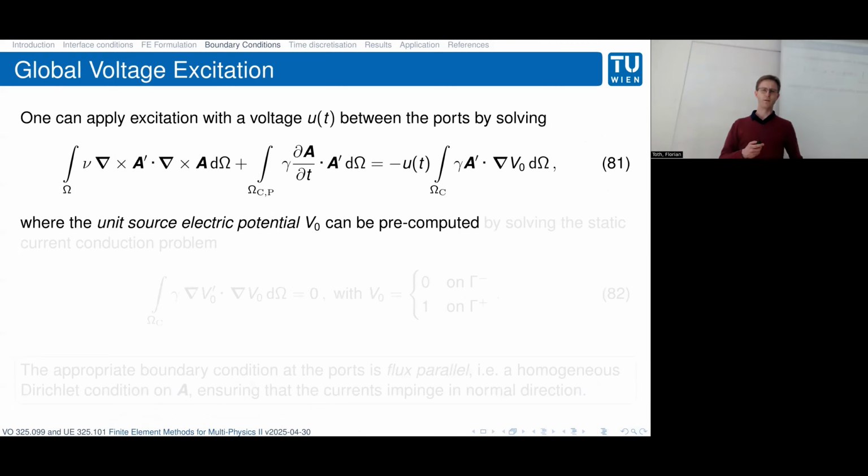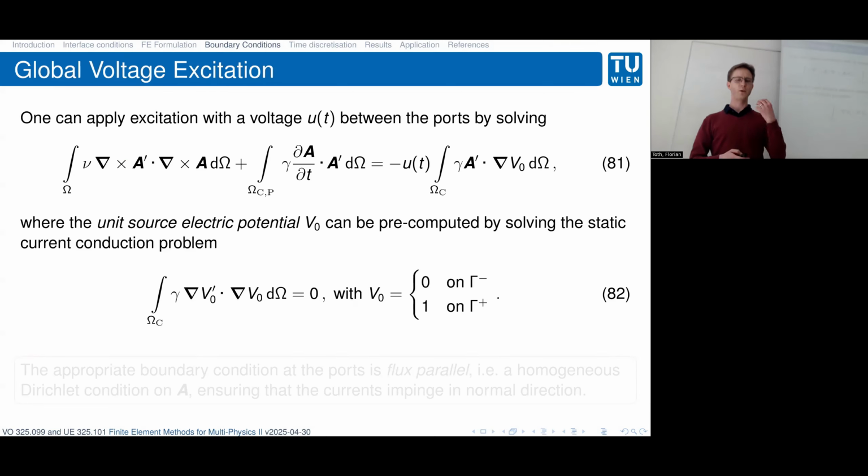So let's look at the global voltage excitation first. Here we apply excitation voltage between those two ports, and the resulting current density is then on the right-hand side. And what we need to do for this current density is we have to pre-compute a unit source electric potential V0, and this can be computed by a current conduction problem on these conductive regions with zero boundary condition at one port and unit voltage boundary condition on the other port.